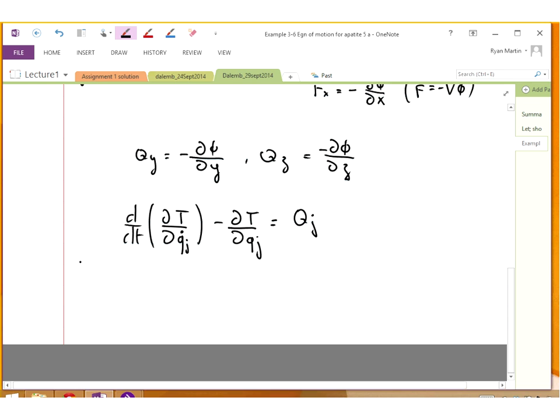So let's do this for j equals 1, so x. So we have d/dt of ∂T/∂ẋ minus ∂T/∂x, and that's got to equal Qx.